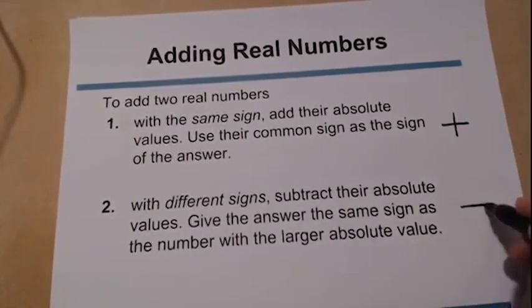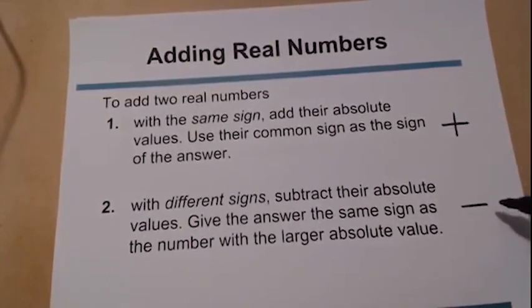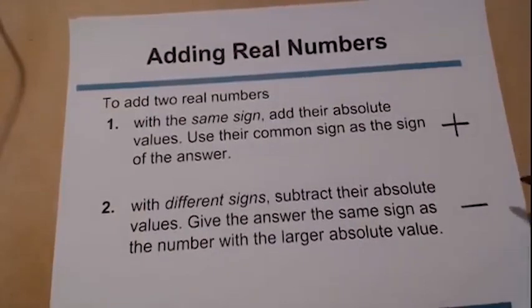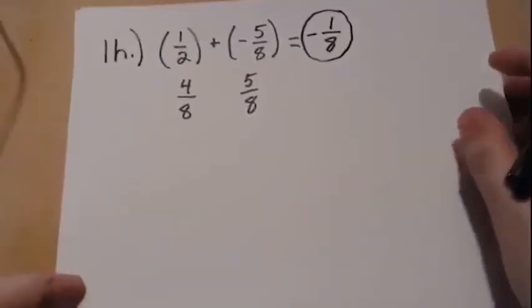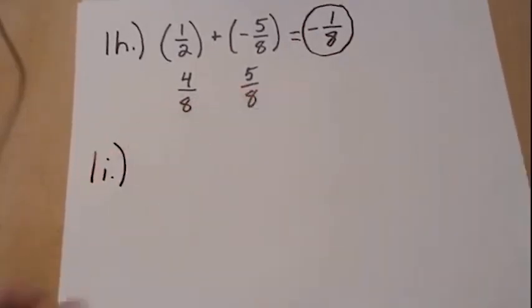Different signs has us subtracting. Plus for same, minus for different. And remember, when we subtract the absolute values, whether it's positive or negative depends on which number had the larger absolute value. So we'll pick right back up with 1I.